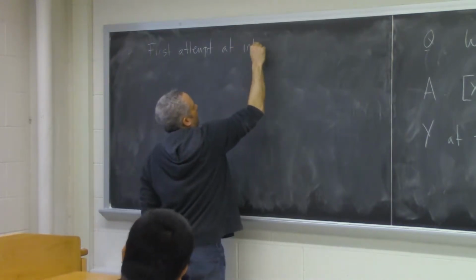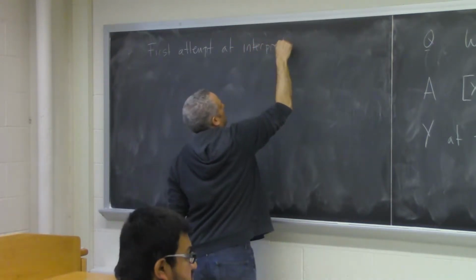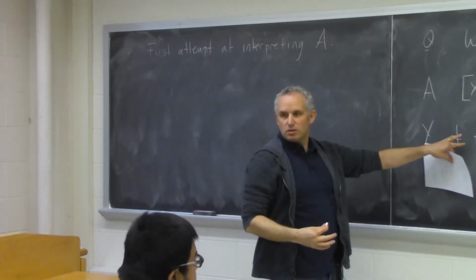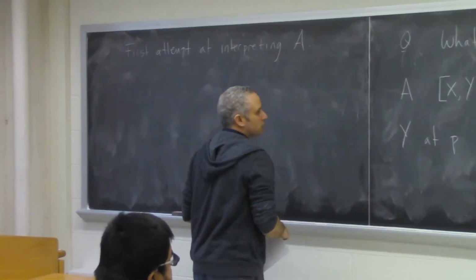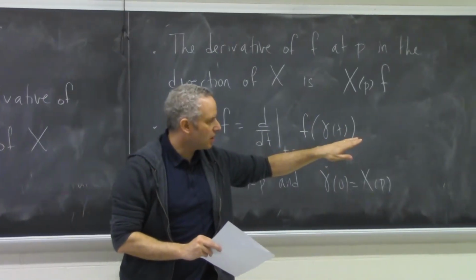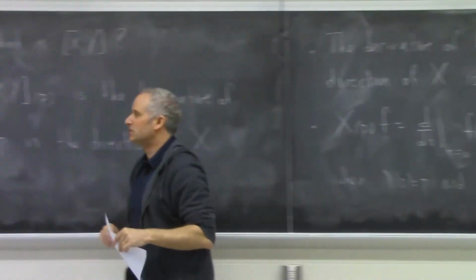So we need to interpret our answer. What does this mean? Okay? So our first guess is to just replace the f's there with y's. I want to take the derivative of y.